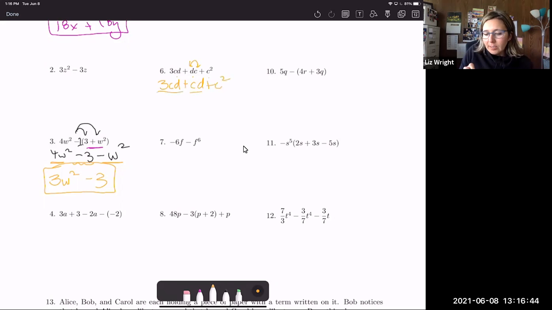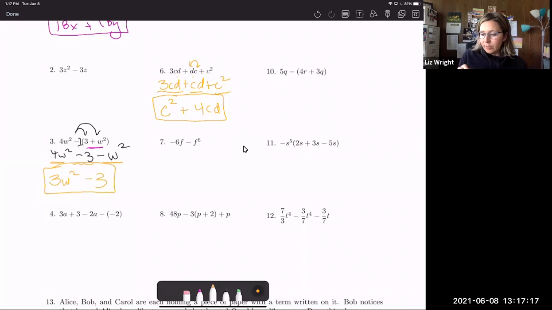When we combine 3 and 1, that gives us 4cd, and then we've got c squared. But before we do that, I want to put it in alpha descending order. Alphabetically, which one would come first? It should be the c squared by itself. So c squared, and then 3 and 1 gives me 4cd. The reason I put the c squared first is because we're going back to the conventions we were talking about, putting it in alpha descending order.